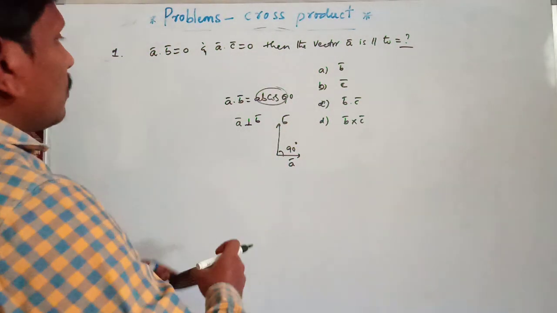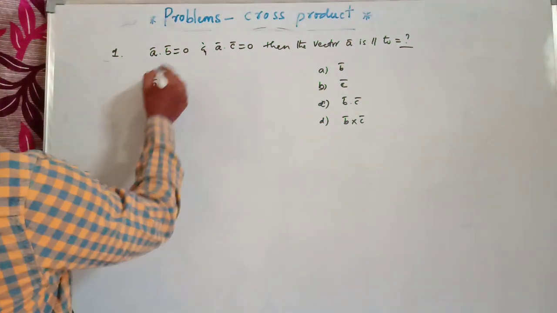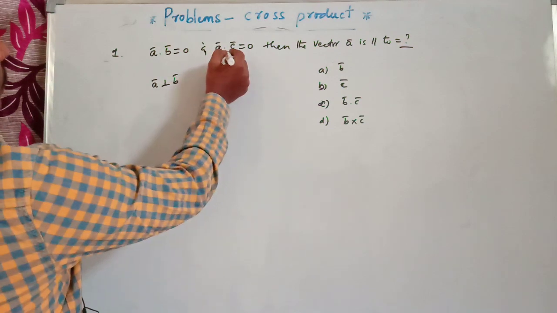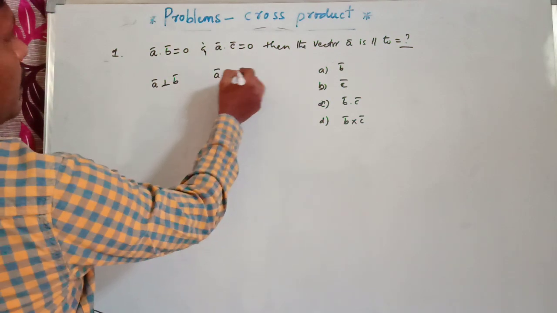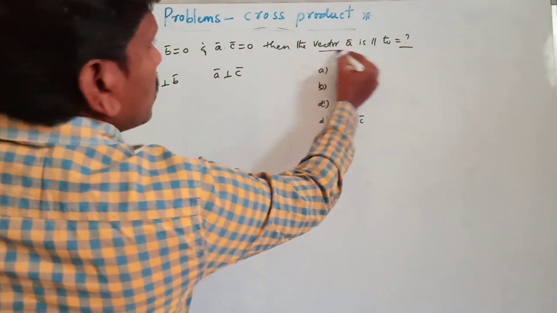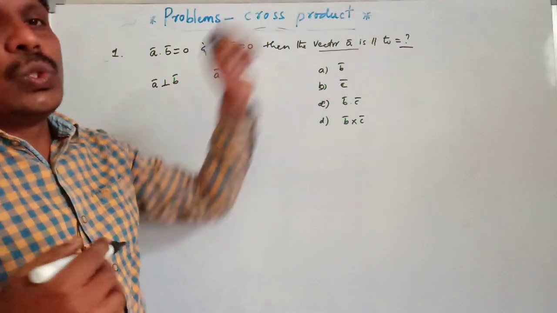So this is the A vector and this might be the B vector. And from this we can write A bar is perpendicular to C bar. Okay, so our question is: then what is the vector A bar parallel to?